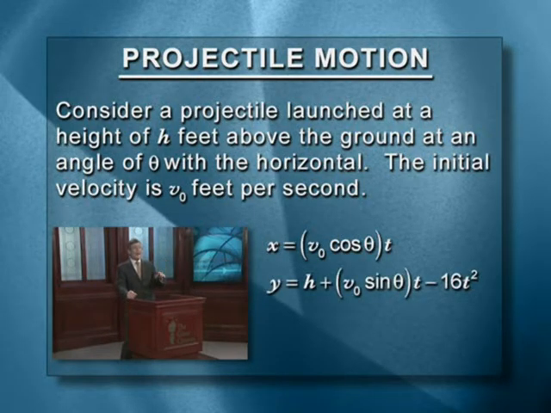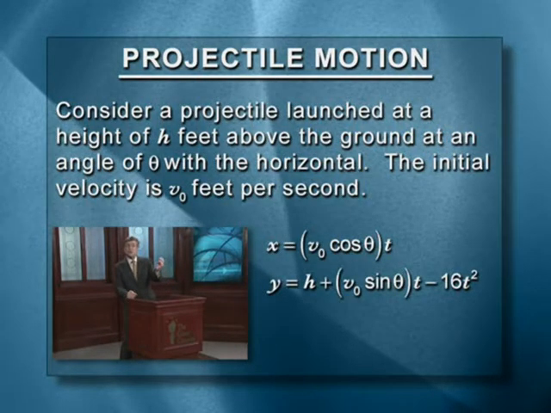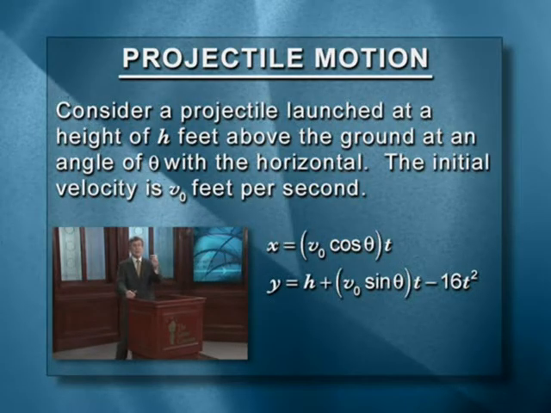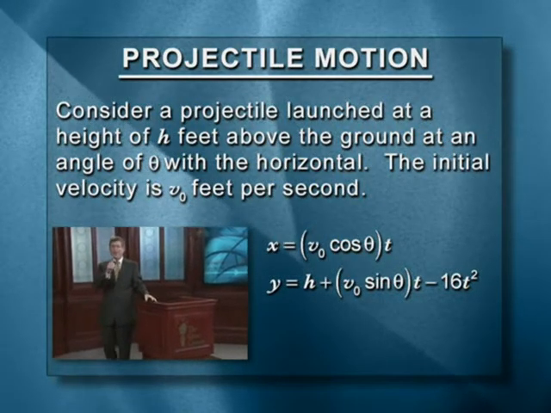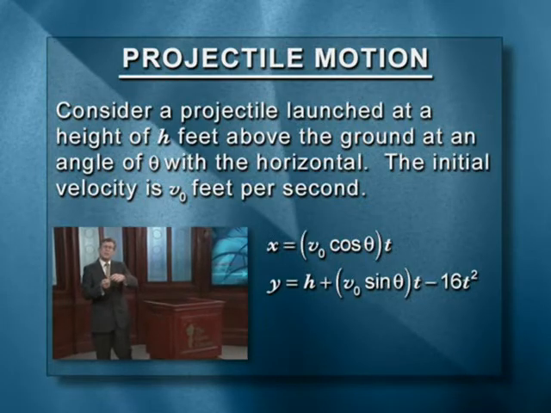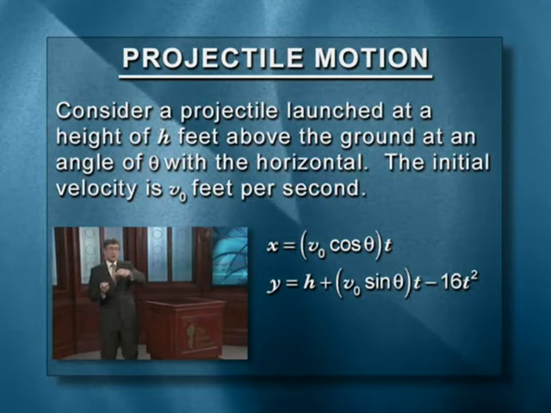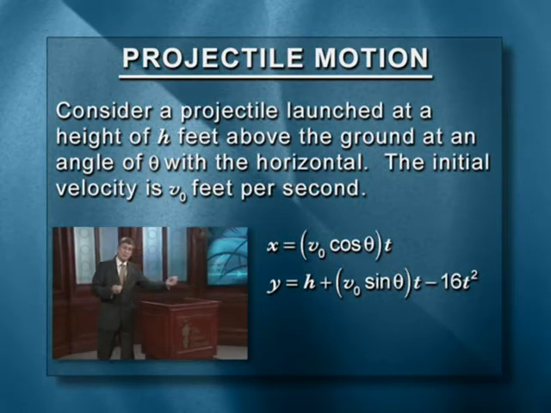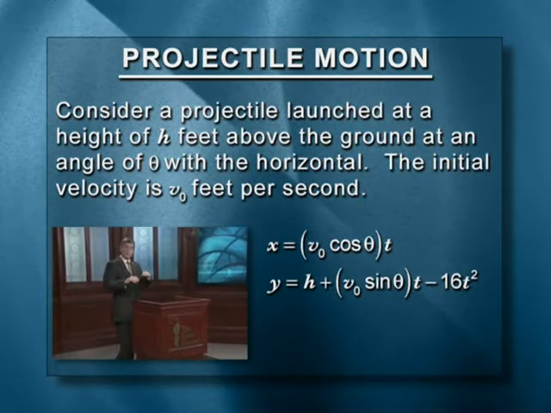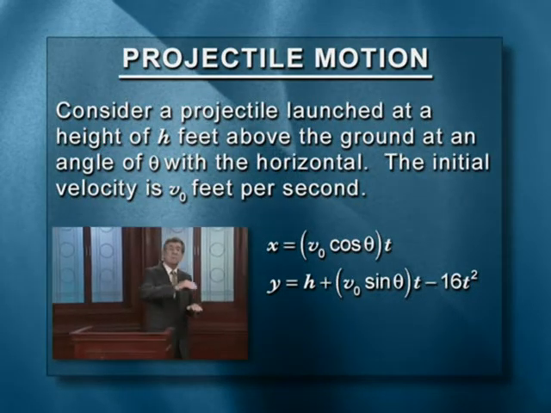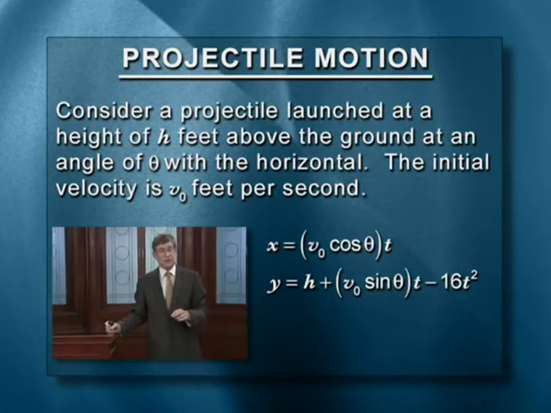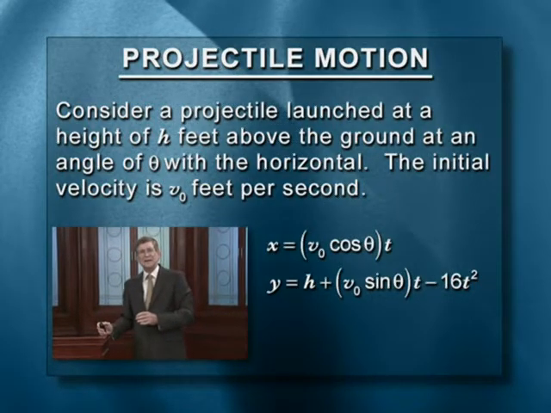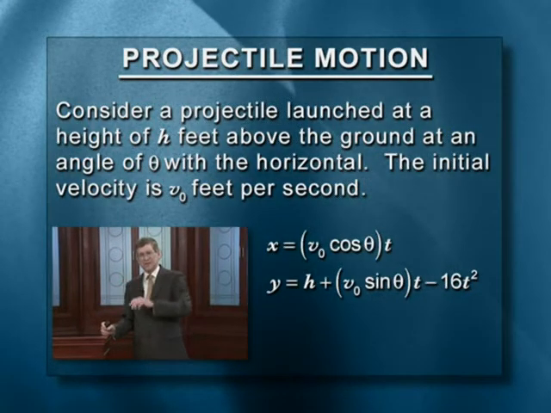And y will be h plus v0 sine theta times t minus 16t squared. That 16t squared comes from the effect of gravity. As the projectile goes up, it gets pulled back to Earth. And the h, of course, is the distance above the ground that we fire this thing.